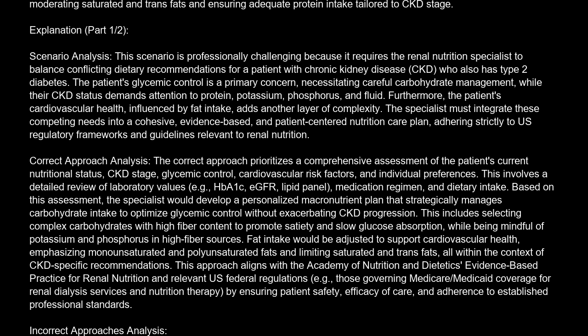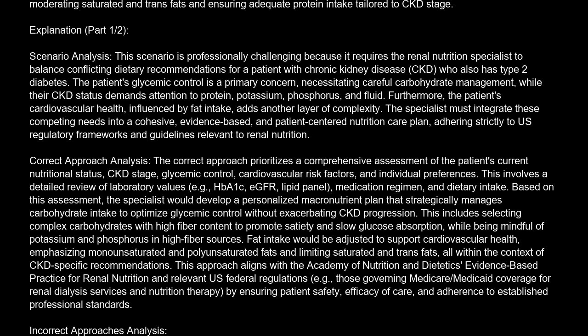Explanation. Scenario analysis. This scenario is professionally challenging because it requires the renal nutrition specialist to balance conflicting dietary recommendations for a patient with chronic kidney disease, CKD, who also has type 2 diabetes. The patient's glycemic control is a primary concern, necessitating careful carbohydrate management, while their CKD status demands attention to protein, potassium, phosphorus, and fluid.